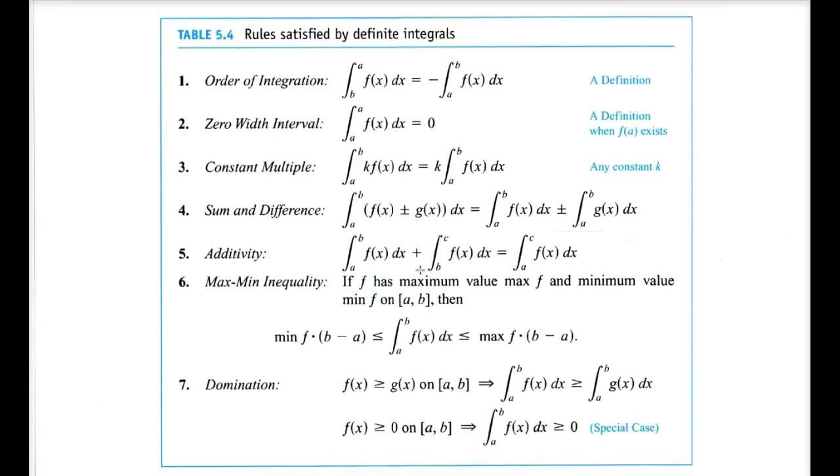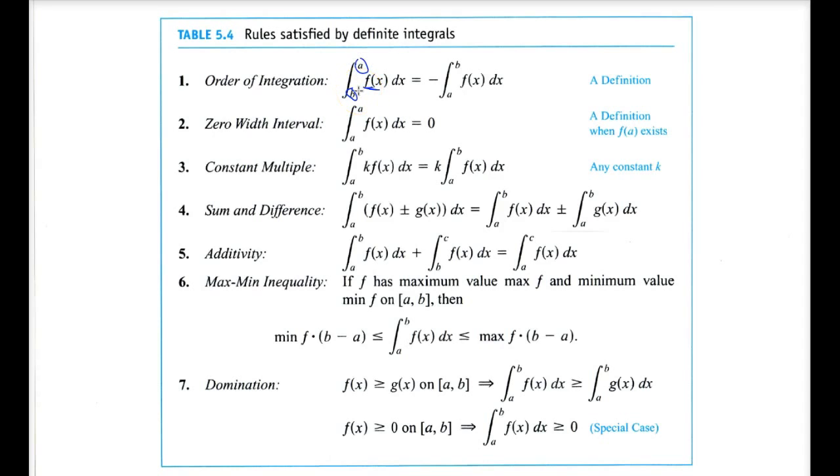So we see here the first property, and remember, every time we say the integral of something, we're talking about the area under the curve of this function here. So the order of integration, the limits of integration: this number has to be smaller than or equal to this number.